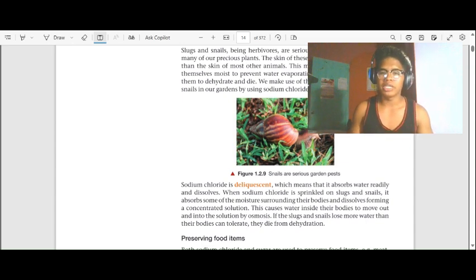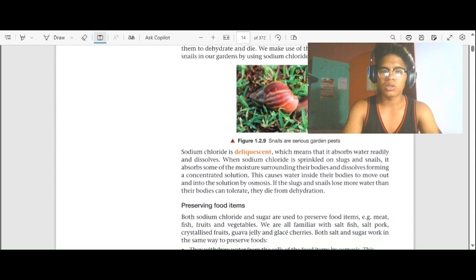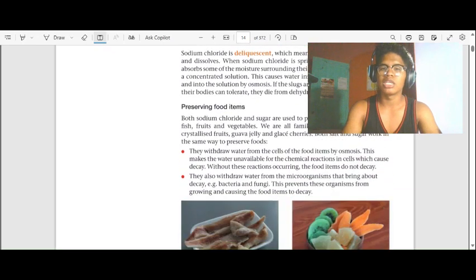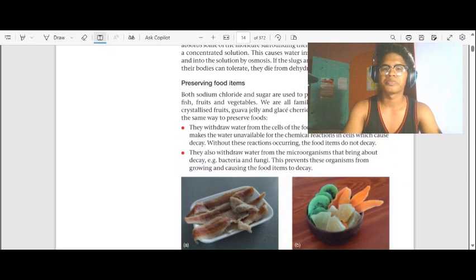When sodium chloride is sprinkled on slugs and snails, it absorbs some of the moisture surrounding their bodies and dissolves, forming a concentrated solution. This causes water inside their bodies to move out and into the solution by osmosis. If the slugs and snails lose more water than their bodies can tolerate, they die from dehydration.